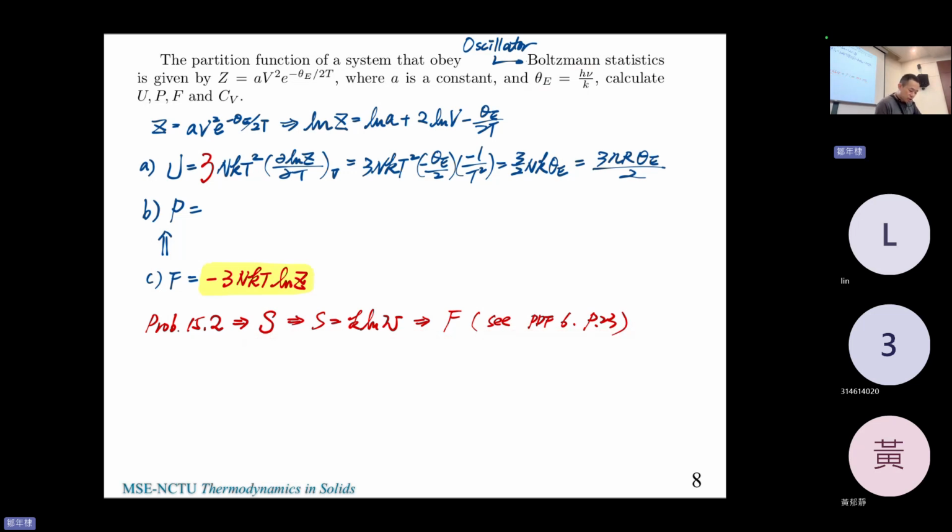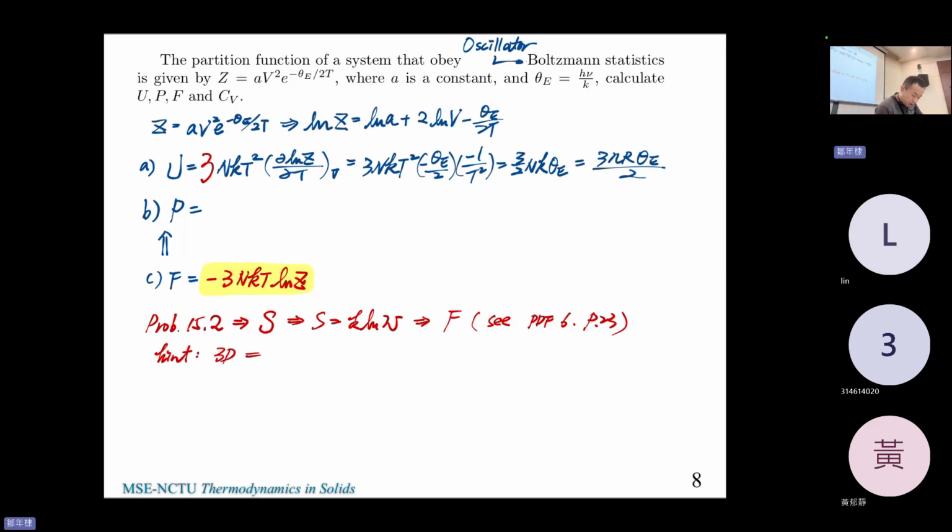But really important: previously it was one-dimensional Maxwell-Boltzmann, but now this is three-dimensional Boltzmann. We need to use the same procedure, but the hint is three-dimensional.